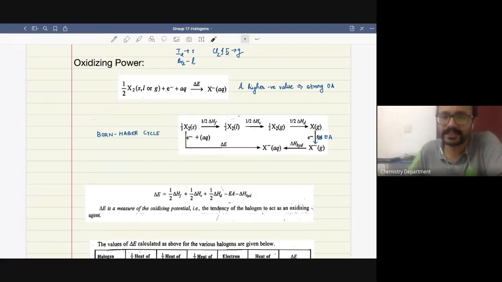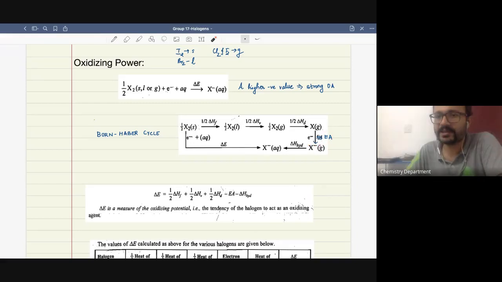Okay, so if it is solid iodine, we have to start from the solid state. So initially I2 solid would be fused into I2 liquid, then it would be vaporized into I2 gaseous state. Okay, and then you will do the dissociation to form the corresponding atoms. Okay, and then the atom in the gaseous state can accept the electron. This is electron affinity, that is accepting of the electron in the gaseous state to form the X minus. So that value we always know.